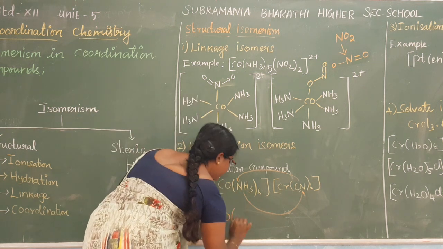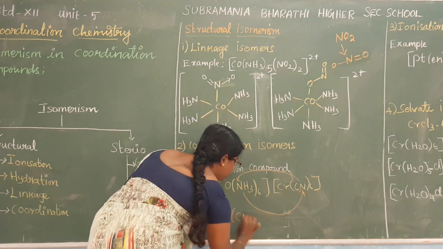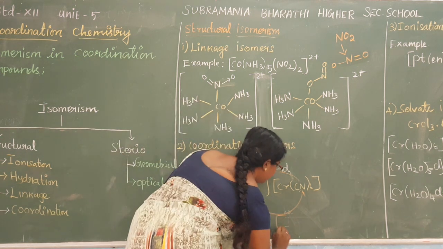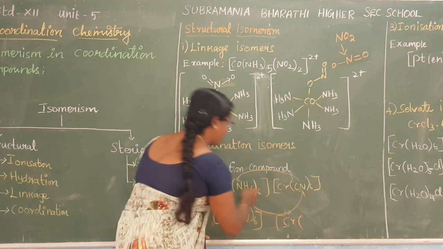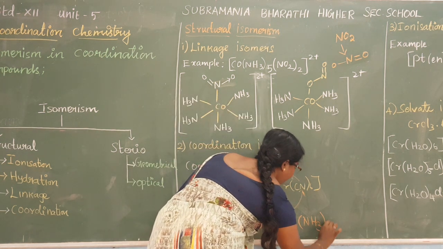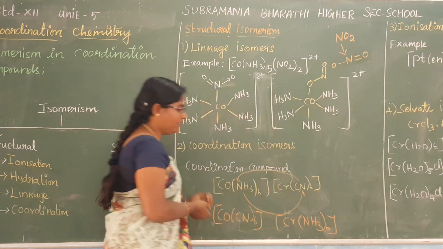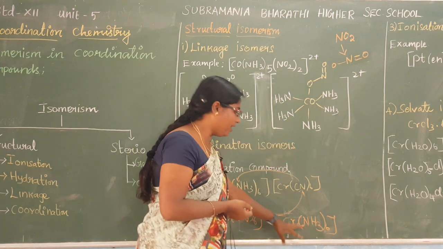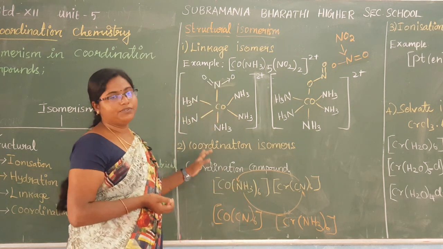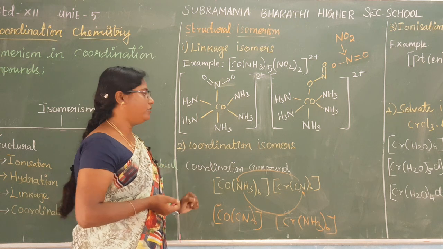Co, in the place of NH3 I will write CN6. Then here, in the place of cyanide, I will write ammonia. So in this way we can interchange the ligands. If it is exchanging like this, that comes under coordination isomers.